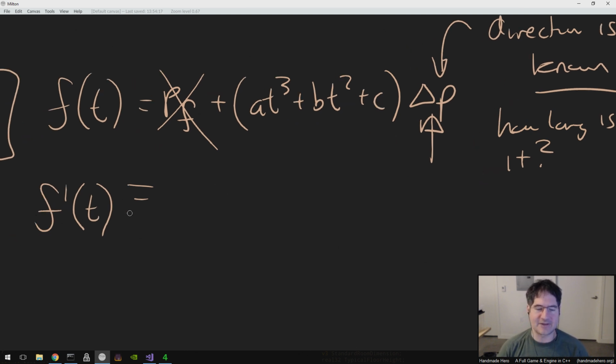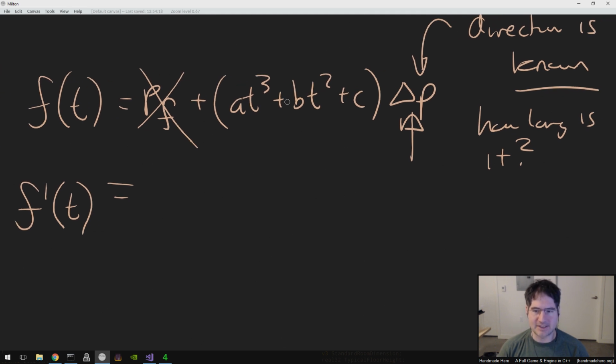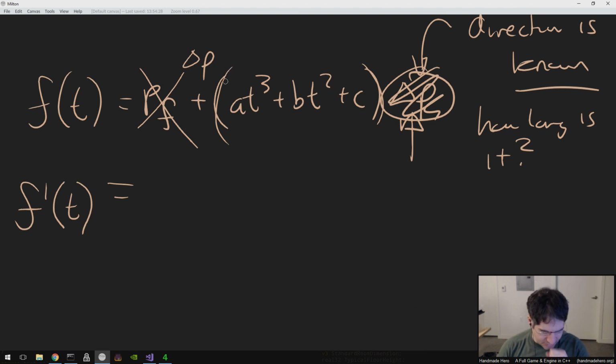So once we take the f prime of t, then what we're going to get here is effectively a scalar value. So we have delta p, let's pretend it's in the front, times all of our junk. In order to do that derivative, it's pretty simple. We can still do exactly the way we did it before, because this delta p can just multiply into everything, right?